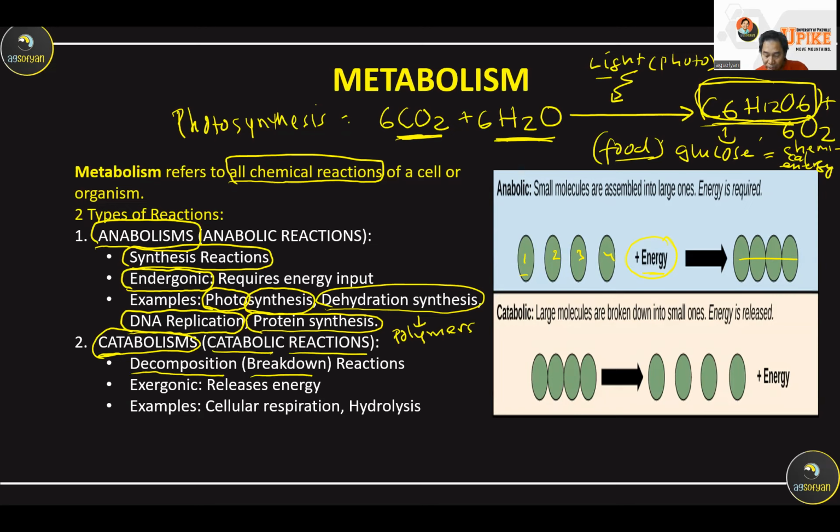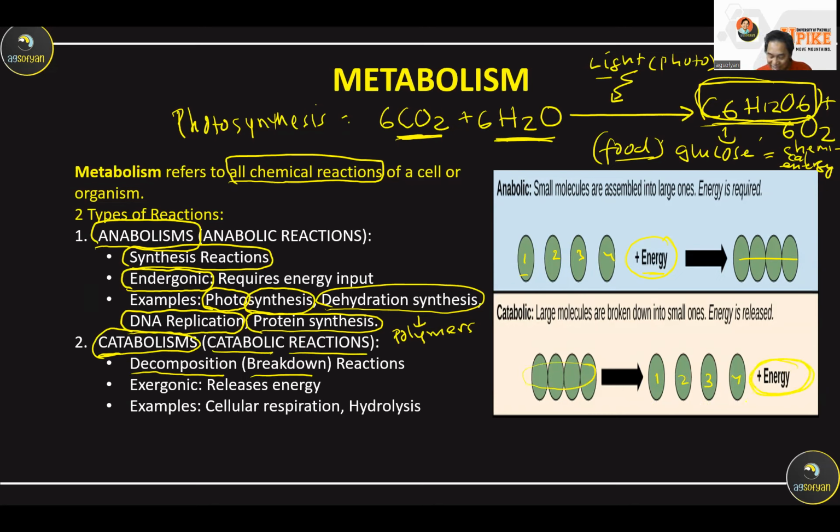These reactions will break down a bigger molecule into many smaller molecules. Let's say this is a polymer. With hydrolysis, it will be converted into many monomers. And this reaction will always release energy.